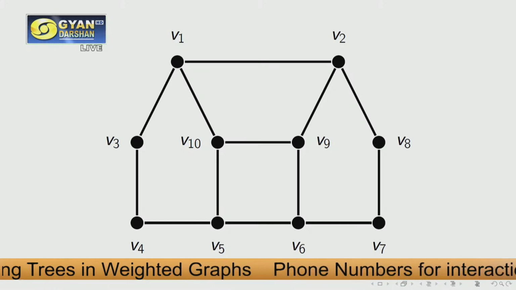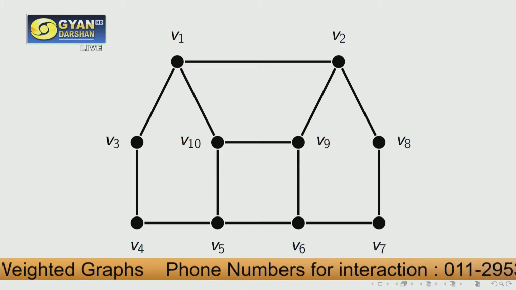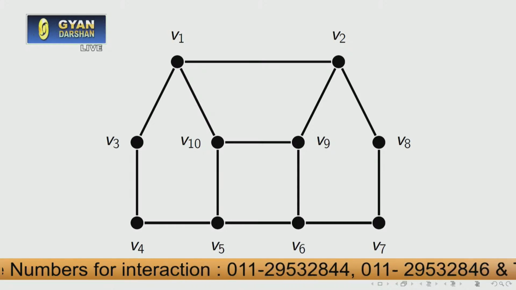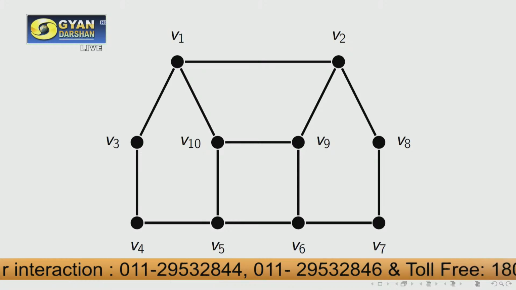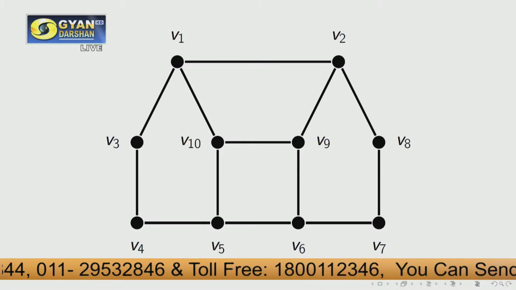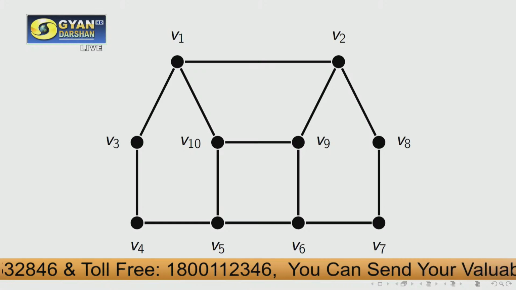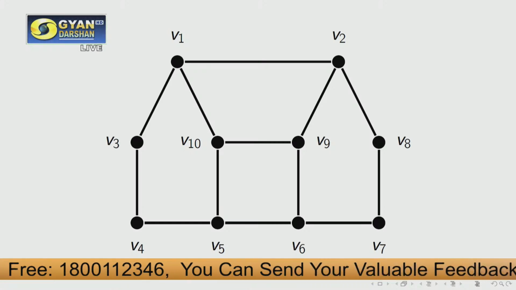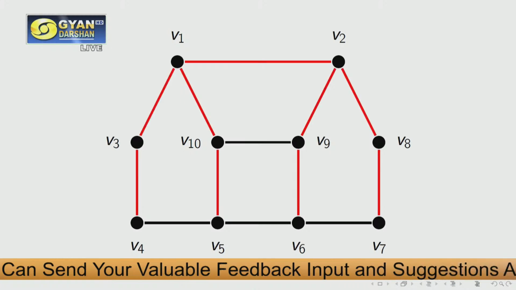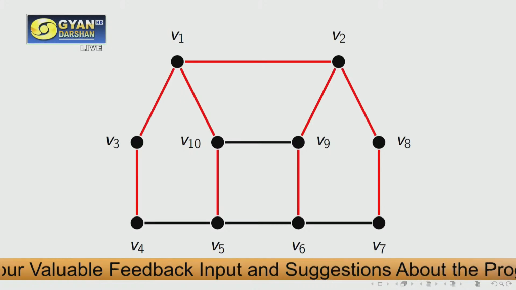So that is one characterization of connectedness. So this graph has a spanning tree, which you can find using, say, breadth first search or depth first search algorithm. For instance, if you apply the breadth first search algorithm, then we get the spanning tree as shown here, the red edges.